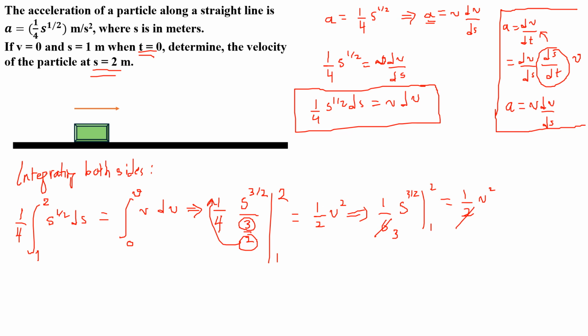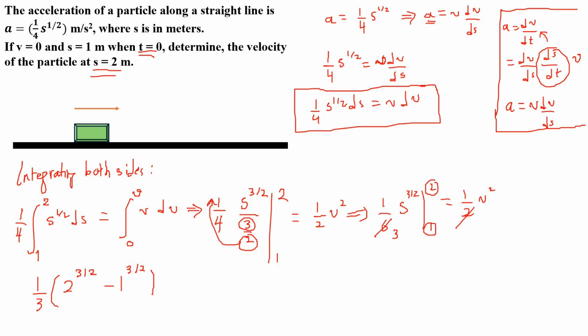At the same step, I will substitute the limits. So I have 1 over 3 times 2 to the power 3 over 2, substituting the upper limit, minus 1 to the power 3 over 2. Of course, this is 1, but I'll just write that to remind you what we are doing.